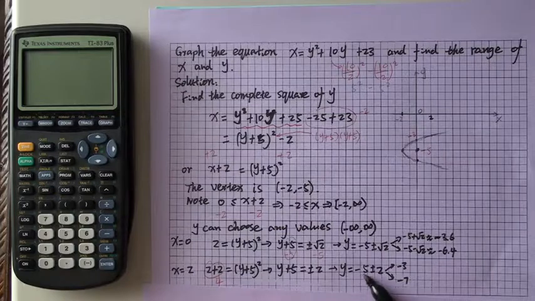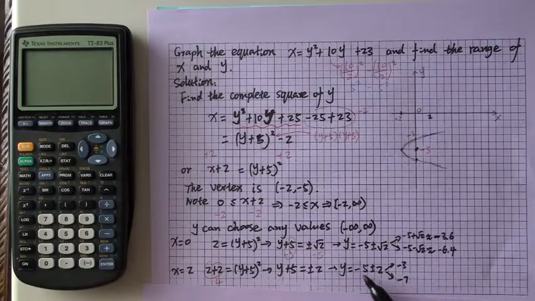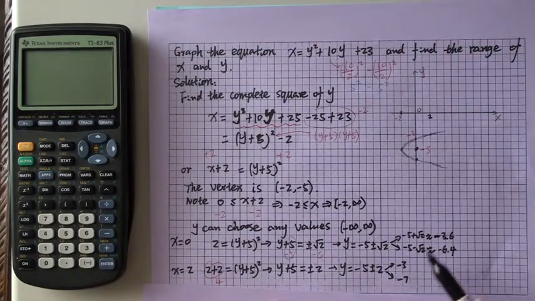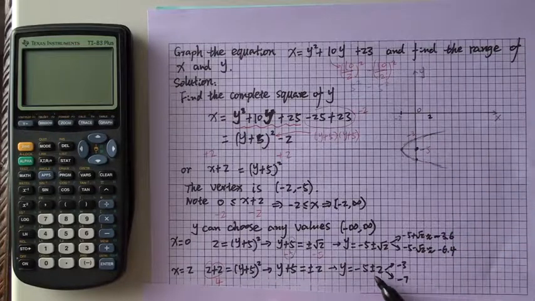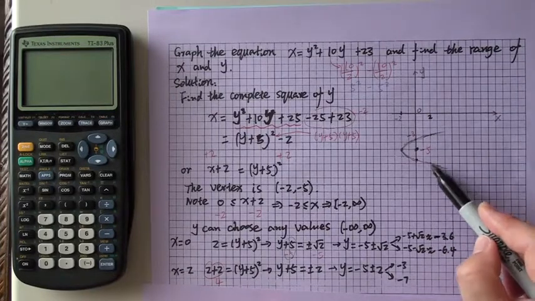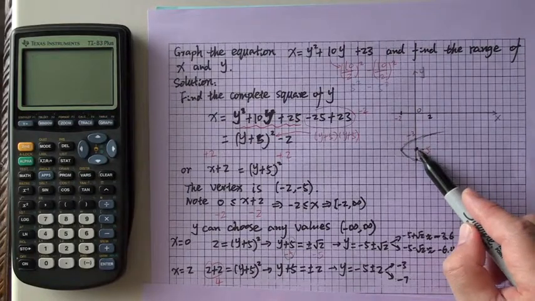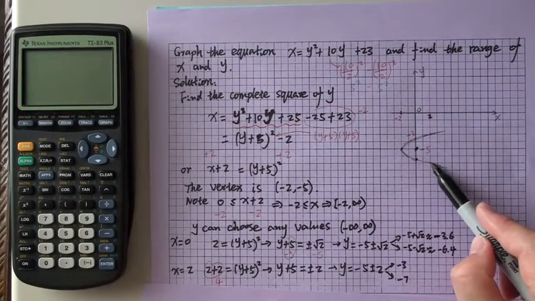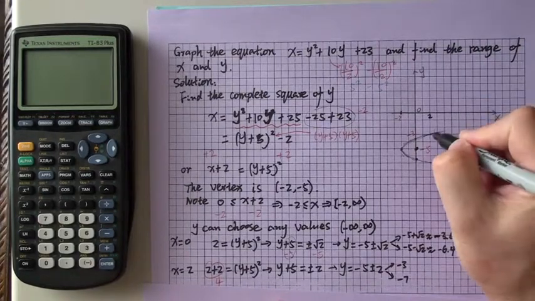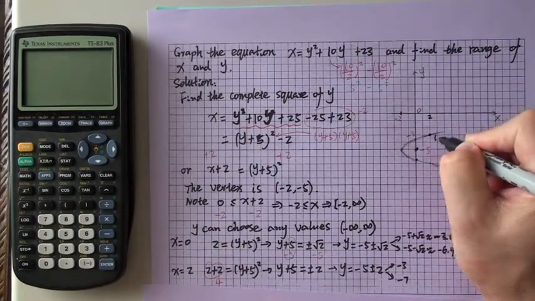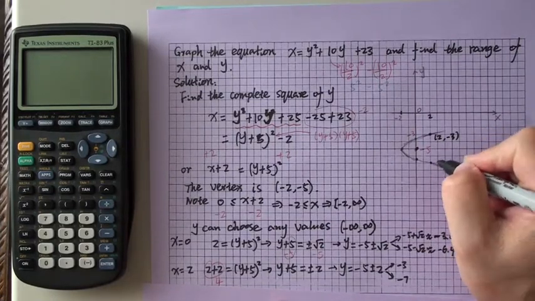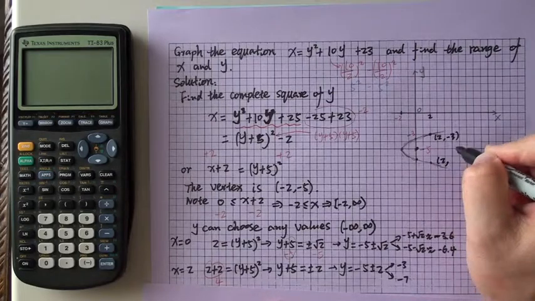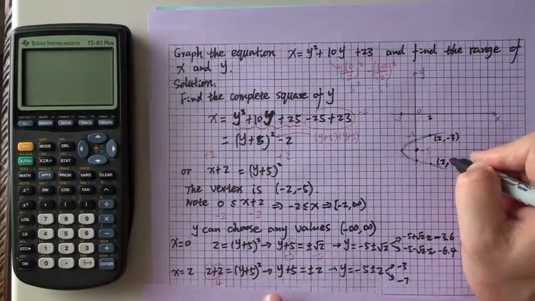So y equals negative 5 plus or minus 2. Negative 5 plus 2 is negative 3, that's right here. And negative 5 minus 2 is negative 7, which is right here. If you want, I can put positive 2, negative 3 here, and here is positive 2, negative 7.